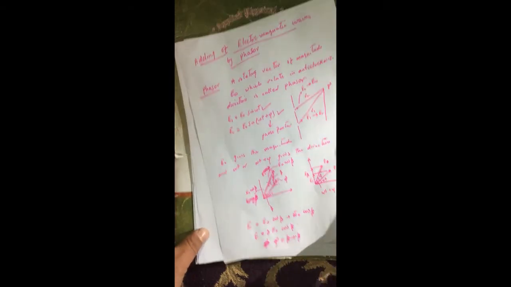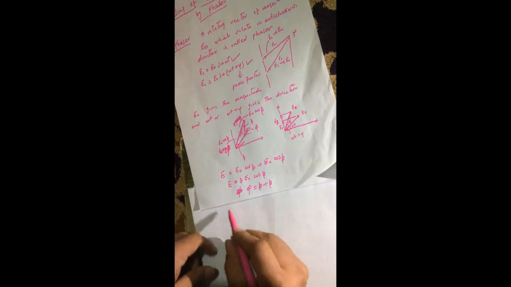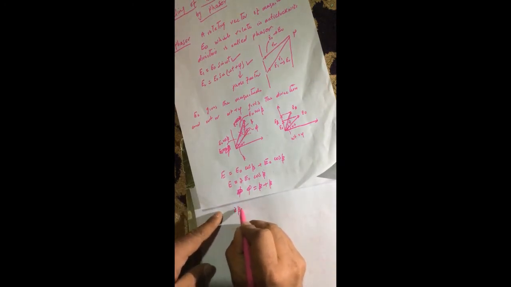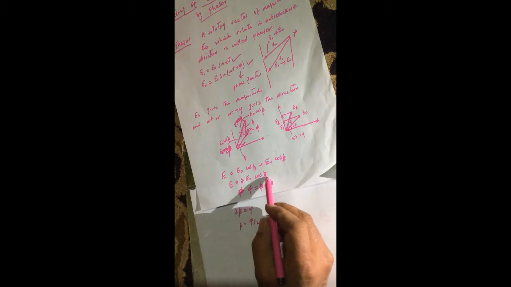From this we can write 2 beta is equal to phi, or beta is equal to phi divided by 2. If I put the value of beta here, then E will be equal to 2 E naught cos of phi divided by 2.